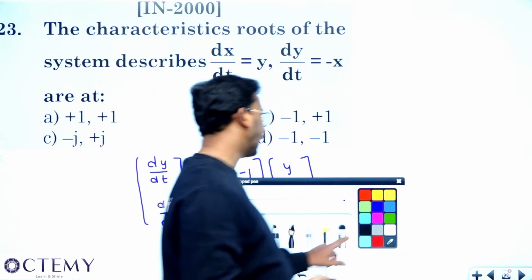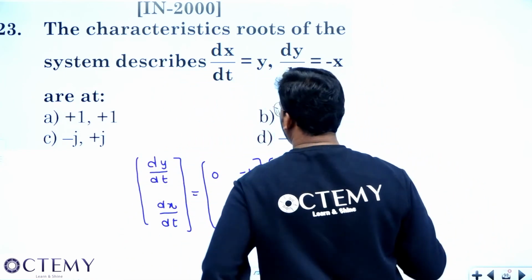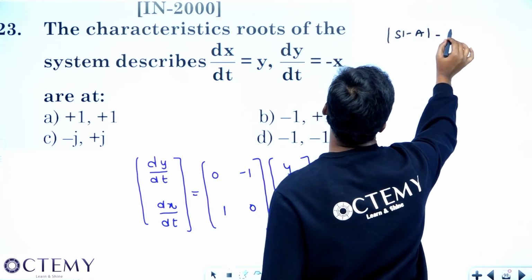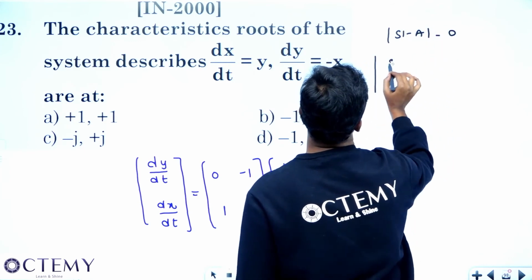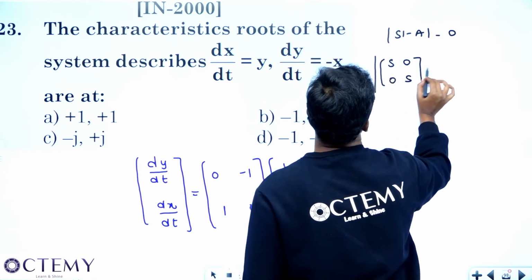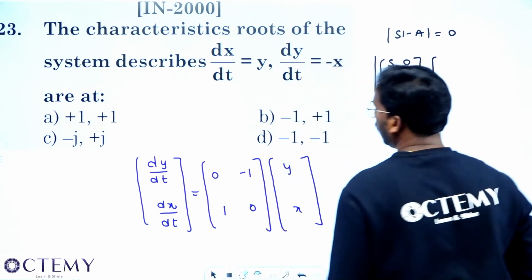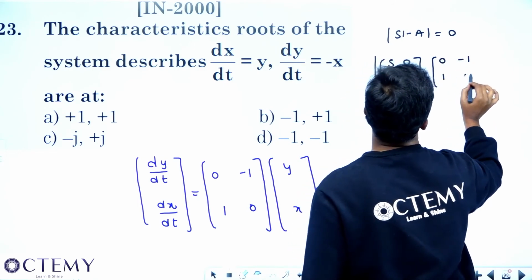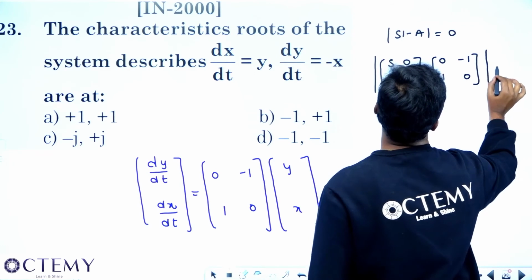Now we have to find the characteristic equation of this. The characteristic equation is determinant of SI minus A equal to 0. So the determinant of S 0, 0 S minus A, where A is 0 minus 1, 1 0, is equal to 0.